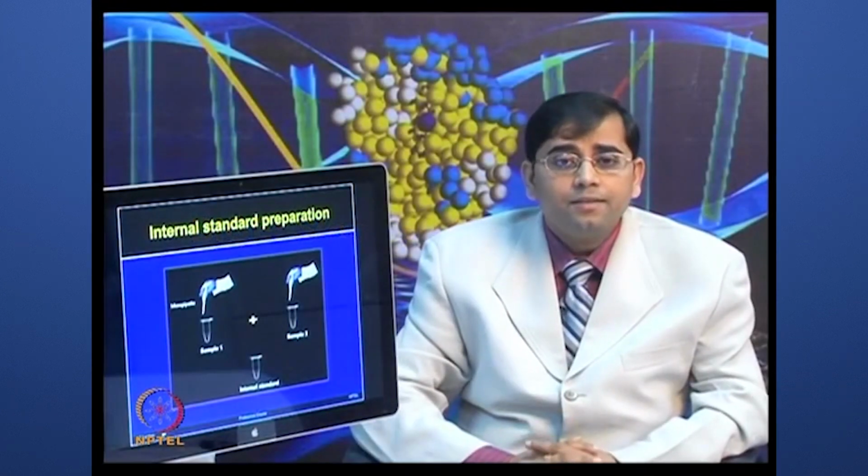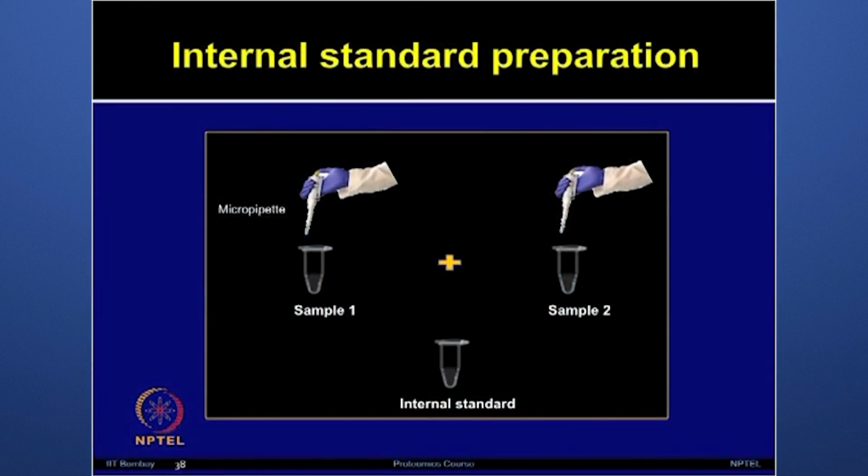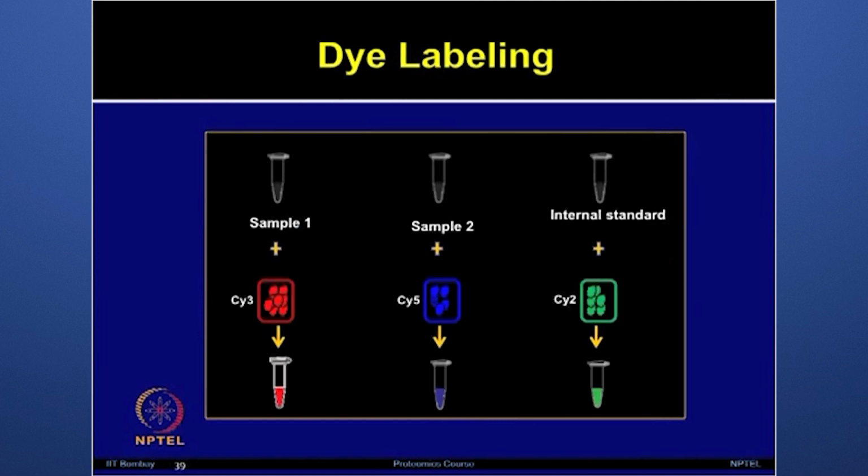Very first thing is you have extracted your protein samples and you need to make the internal standards. Now, your control sample, treatment sample and internal standard should be labeled with different cyanine dyes. Internal standard is always fixed with Cy2 dye, but your control and treatment should be dye swapped.